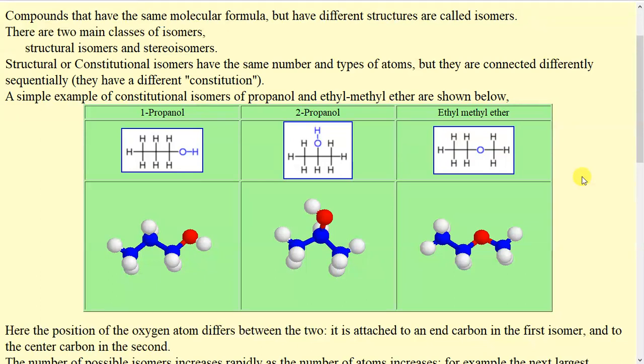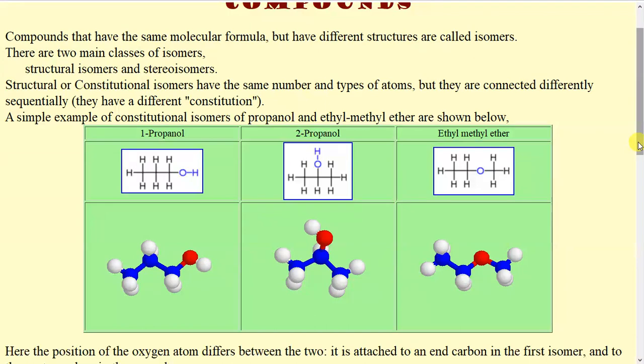So they have the same molecular formula or composition but their structure is different. So they are isomers of each other. As they are different in the structure, they are called structural isomers, and the phenomenon is structural isomerism.